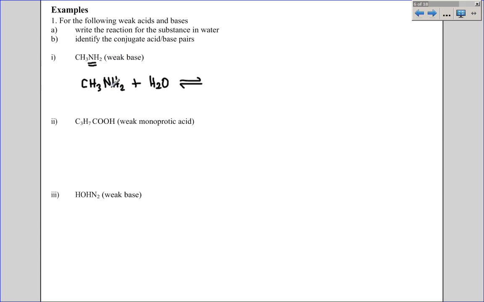Now we've identified this substance to be the base, which means that it's going to be a proton acceptor. And so water, which is amphoteric, is going to act as an acid, and it's going to donate a proton. When we accept a proton onto this formula, we are left with CH3NH3+. Let's do this on the side.